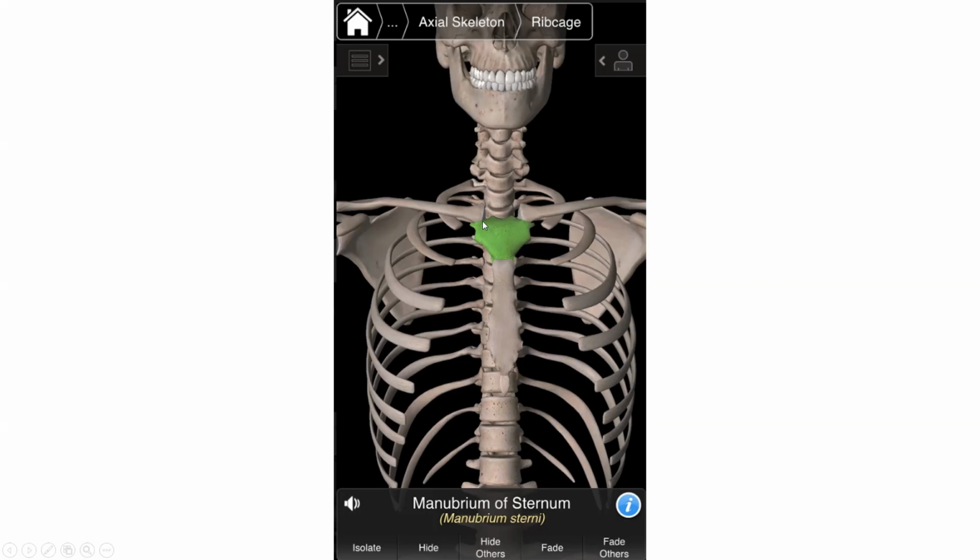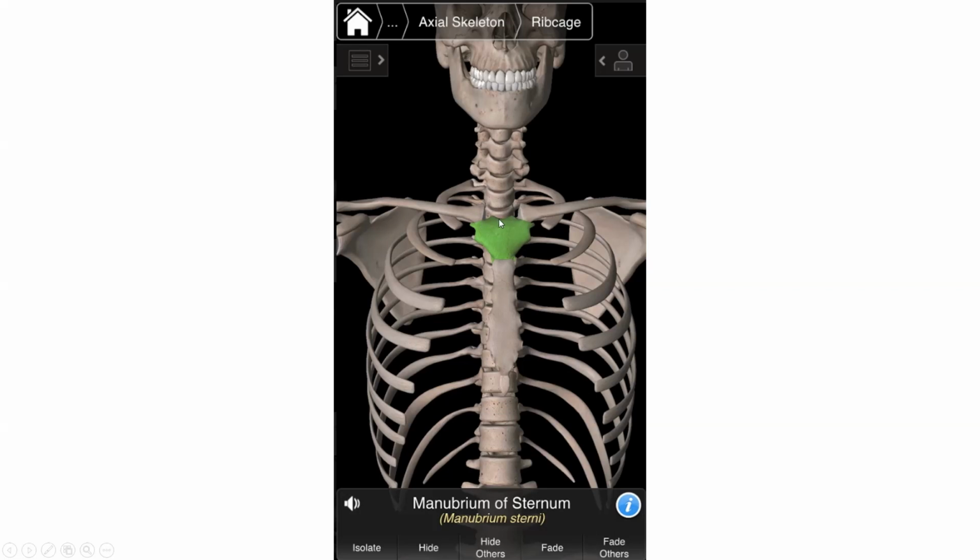The interaction between the clavicle and the manubrium forms the sternoclavicular joint, or the SC joint. Remember, that's one of the joints of the shoulder girdle. So we've come full circle now from the first lab to the last, and we see the sternoclavicular joint again here, the interaction between the clavicle and that clavicular notch.